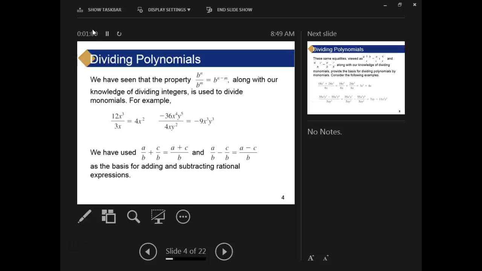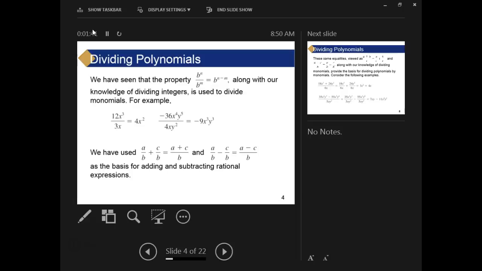Now, when you are dividing powers with the same base, different powers, or even the same power, what you do is keep the base and subtract the powers, the numerator's exponent minus the denominator's exponent. That would be like x cubed over x.